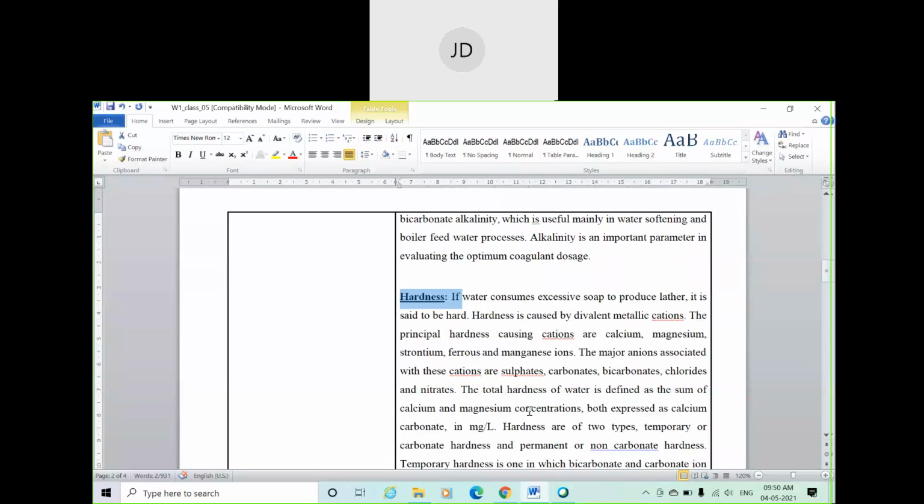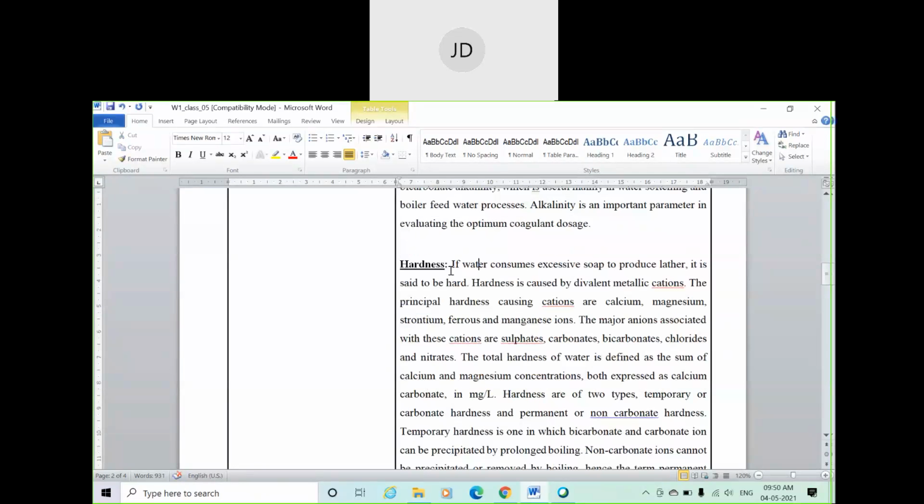If you wash your clothes with hard water, you will see some dark spots on your clothes because of the presence of different minerals. It also produces too much foam, or you can say too much lather.